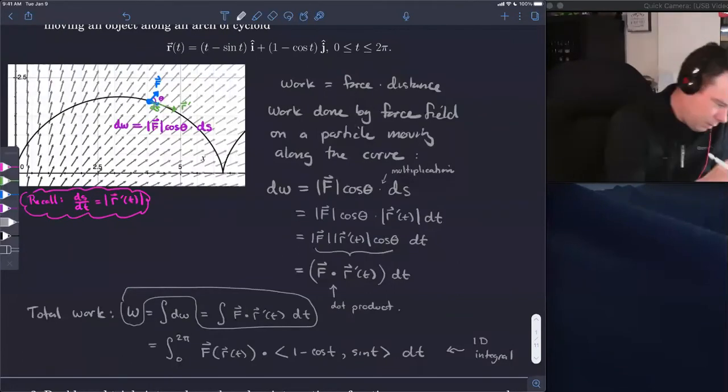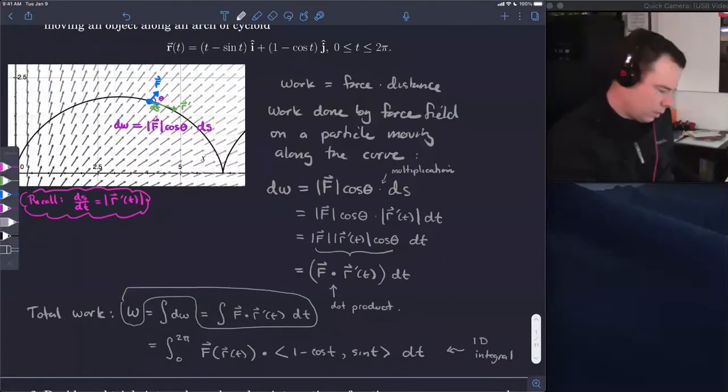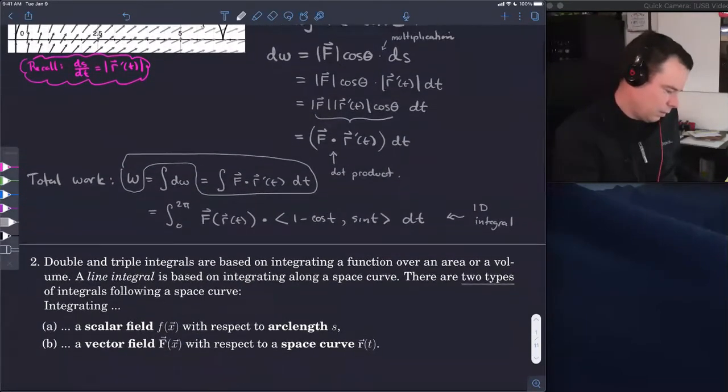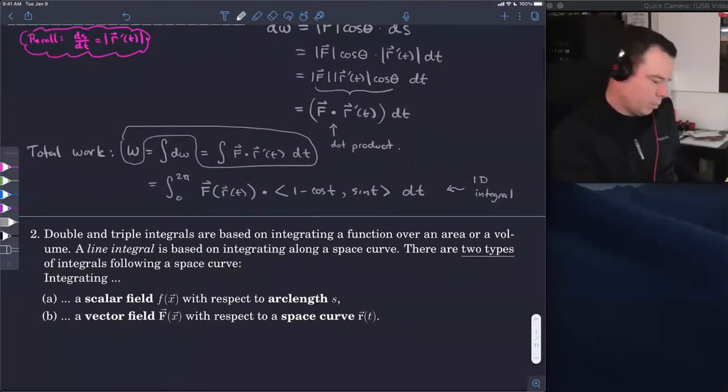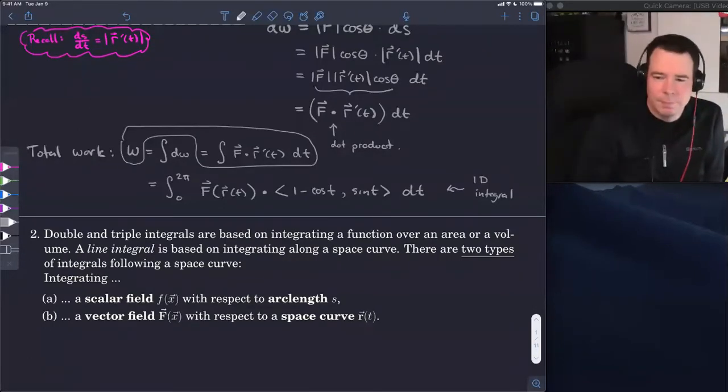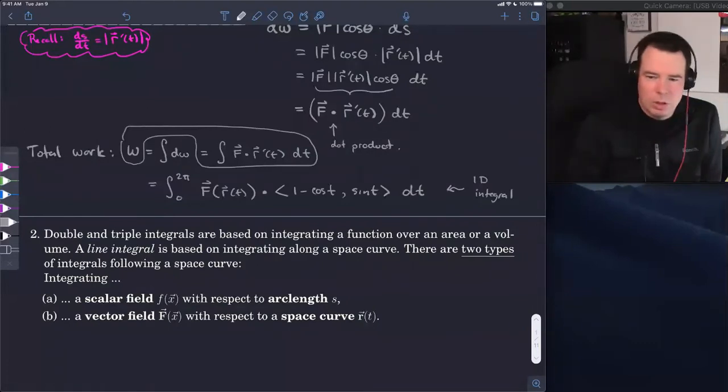All right, so we'll get some practice with doing these integrals right after we take this motivating example and make it a little bit more formal. Our motivating example had to do with work, but this is not the only application that we have. So what is the kind of integral that we've just developed here? These are what are called line integrals, or probably a better term would be curve integrals, because we're integrating over a curve.